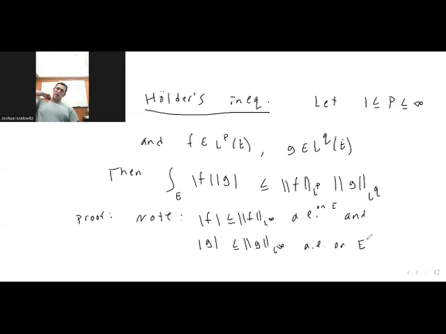So in this integral, if q is infinity, so p is 1, we can just pull out g and replace it with the L infinity norm of g. If p is infinity, then q is 1, so we pull out the L infinity norm of f here because we have these two facts. So p equals 1 and p equals infinity is the trivial case.